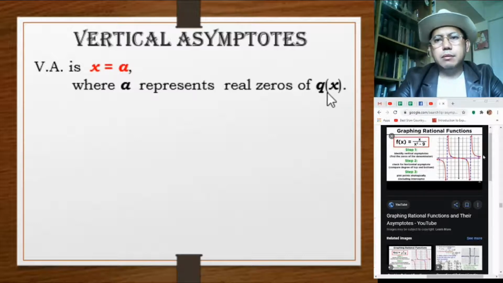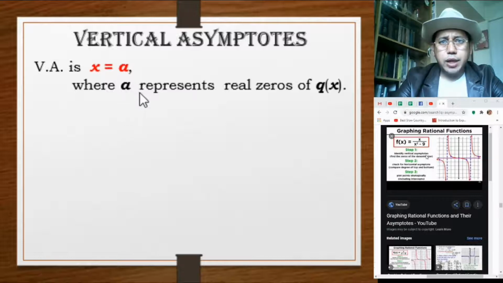So we have said that the denominator should not be 0, and you will notice the value of a here will make the denominator 0. And so this a will not be included in the domain of the rational function.